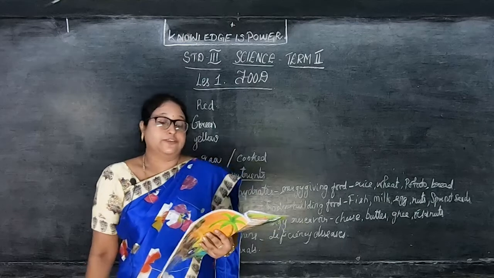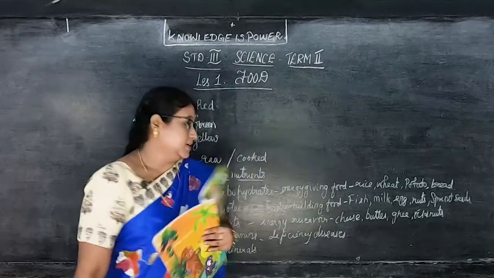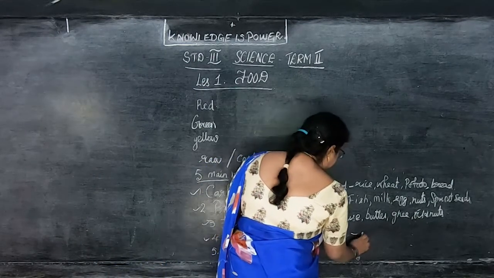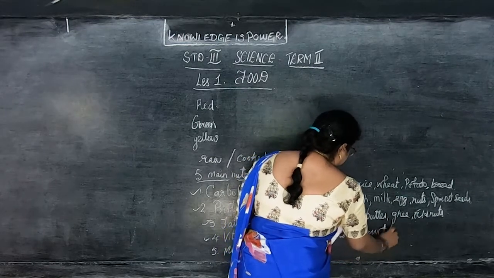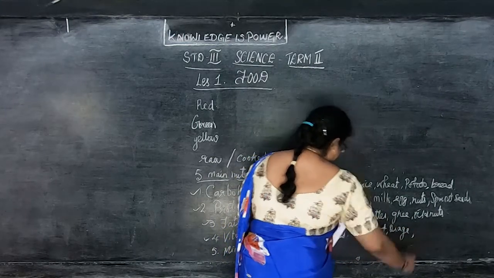So they protect our body from deficiency diseases. For example, carrot protects us from the deficiency diseases.